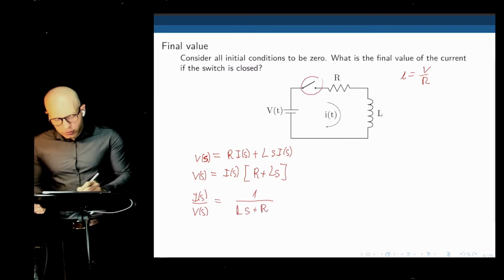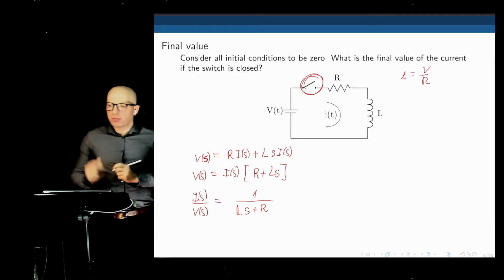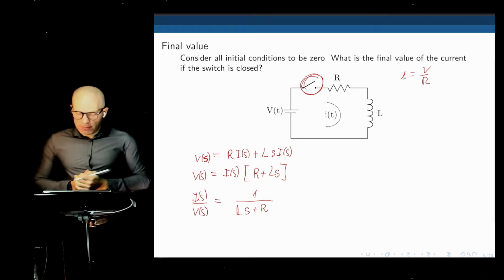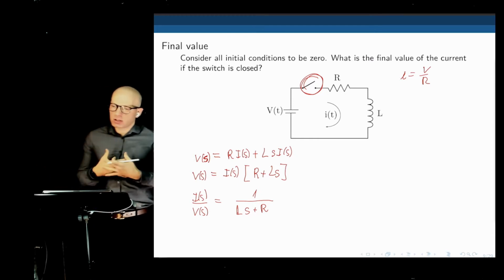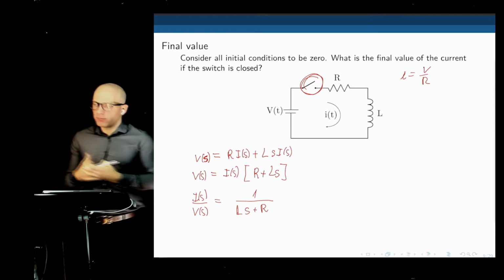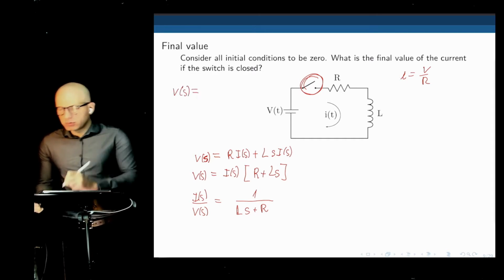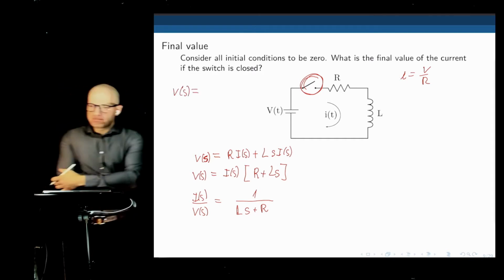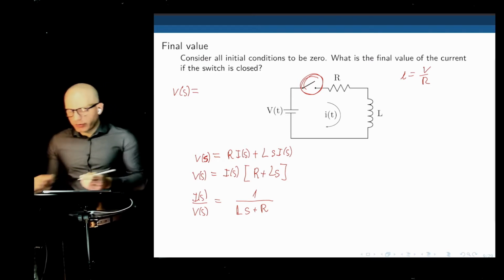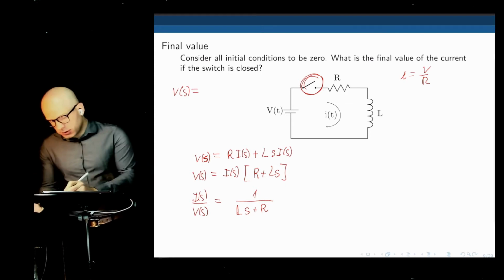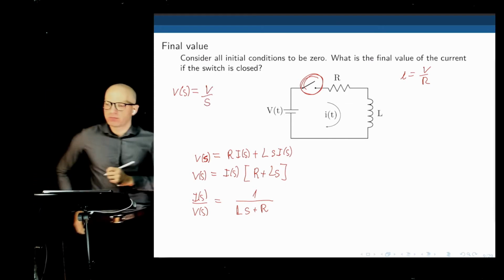When you close the switch, we are applying a voltage input to the system in the form of a step, which means that the circuit will receive V of t in the form of a step. That means V of s is equal to 1 over s, or that would be 1 volt. If you want to apply V volts, let's call that V over s.